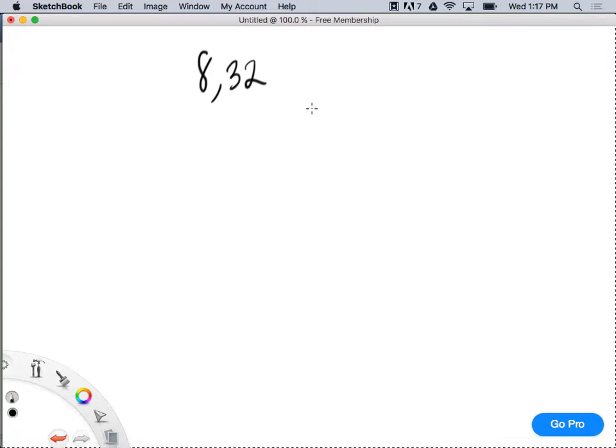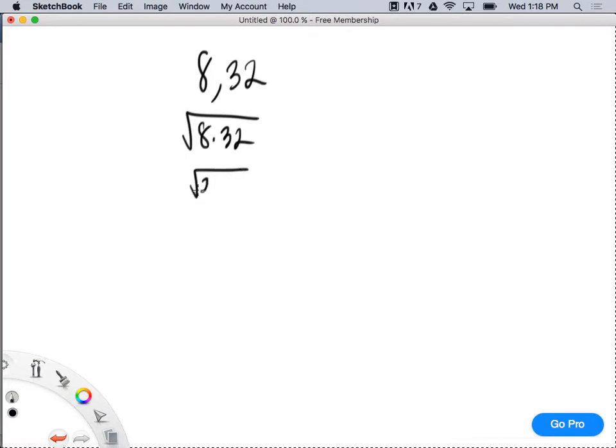No, 16. Oh, it's 16. Wait, it's not 4. 16. Okay. It's the square root of 8 times 32, the square root of 256, which is 16.